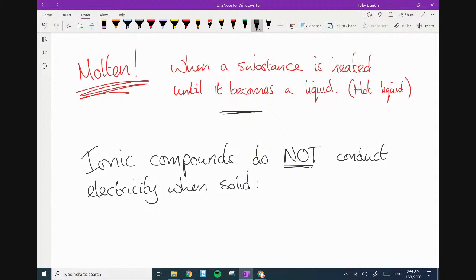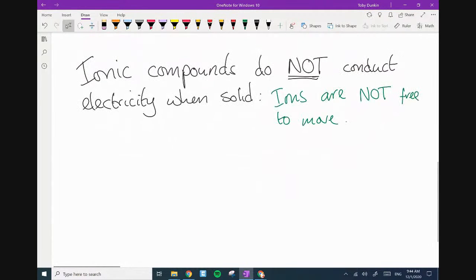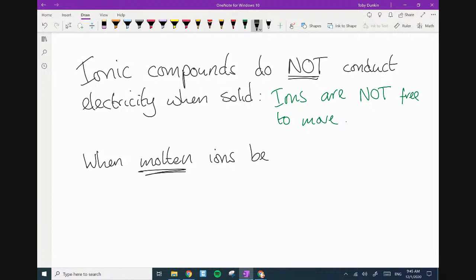Ions are not free to move. But when molten, ions become free to move.